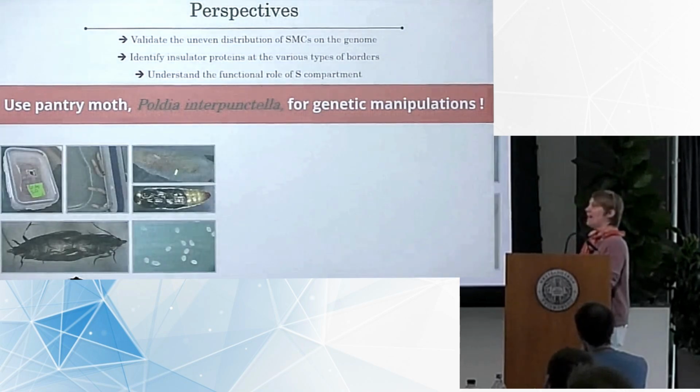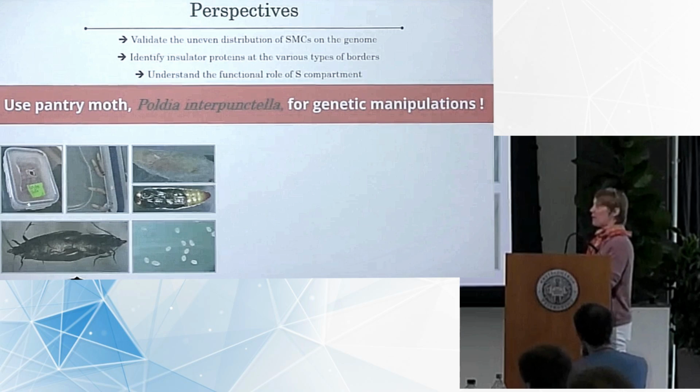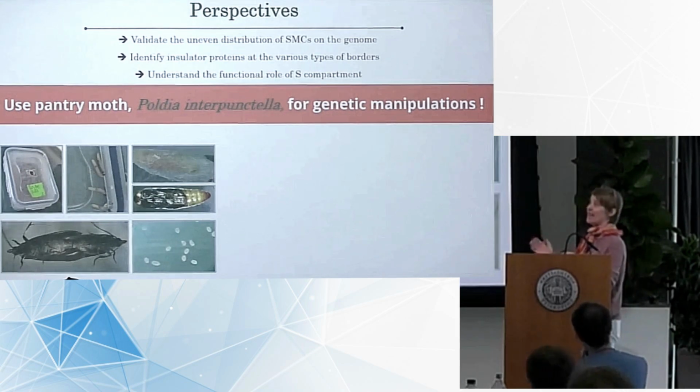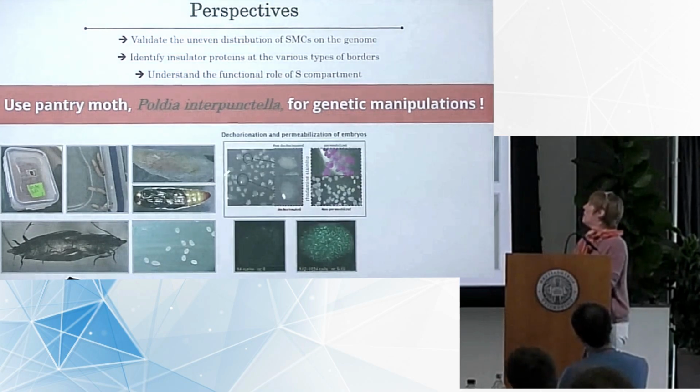So we're already starting the rearing of this animal in the lab, and as you can see, it's pretty easy, grown in some Tupperwares, and you also have a really great system of synchronized egg laying. So we started some easy manipulation of them to show that we can do some imaging of early embryos.